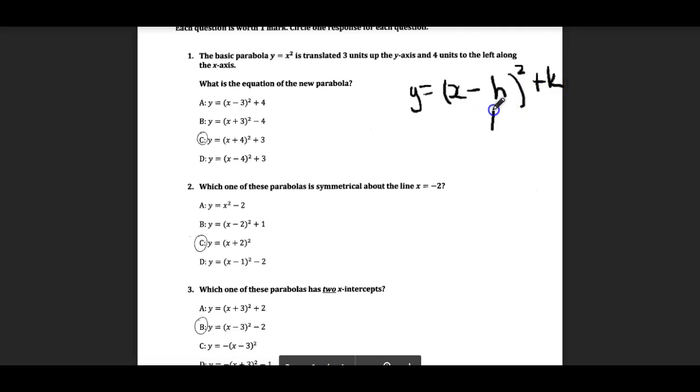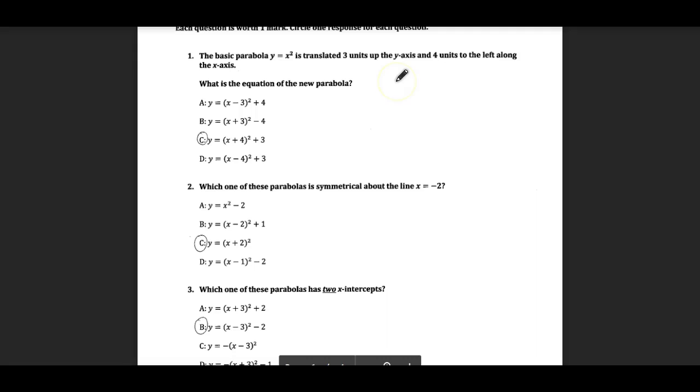So remember the h refers to going left or right, and the k is up or down. Okay, so remember the turning point rule.